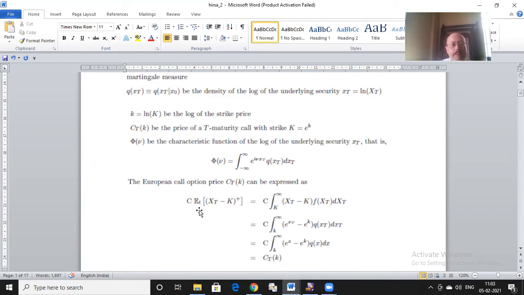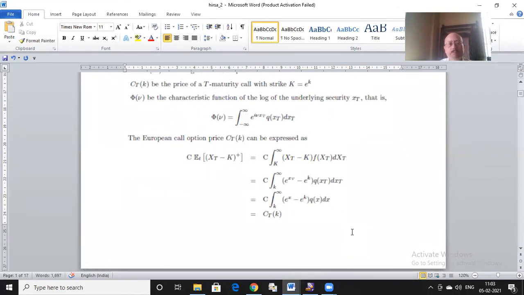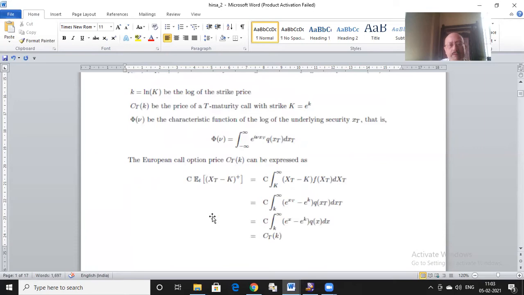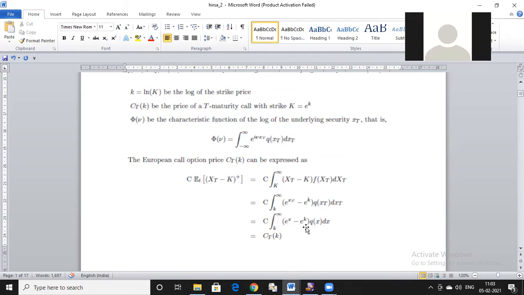So the expectation at time t of the call payoff (X_T minus K)+ can be written as this integral from k to infinity of f(x) dx, which I will write in terms of the log transformation. So it will become e to the power x minus e to the power k under probability q. And finally, I use the notation C_T(k) to denote this original payoff. So this is my expression that I will be working with: integral from k to infinity of (e to the power x minus e to the power k) q dx. Yes, any questions?